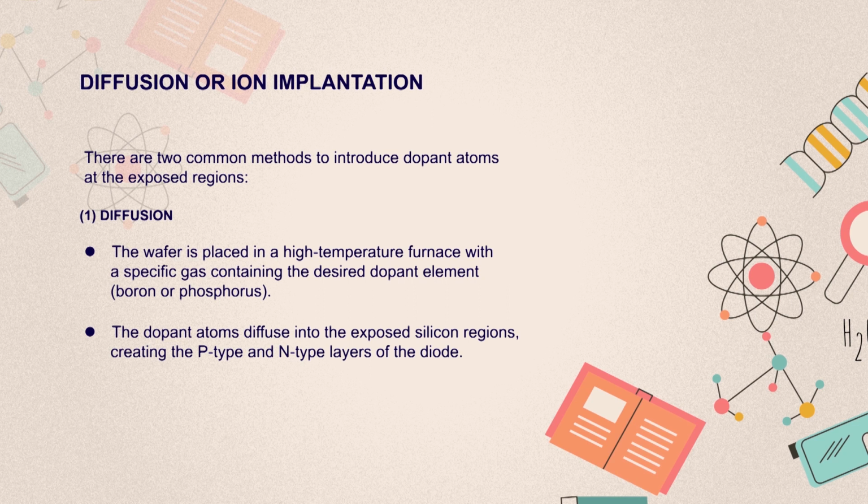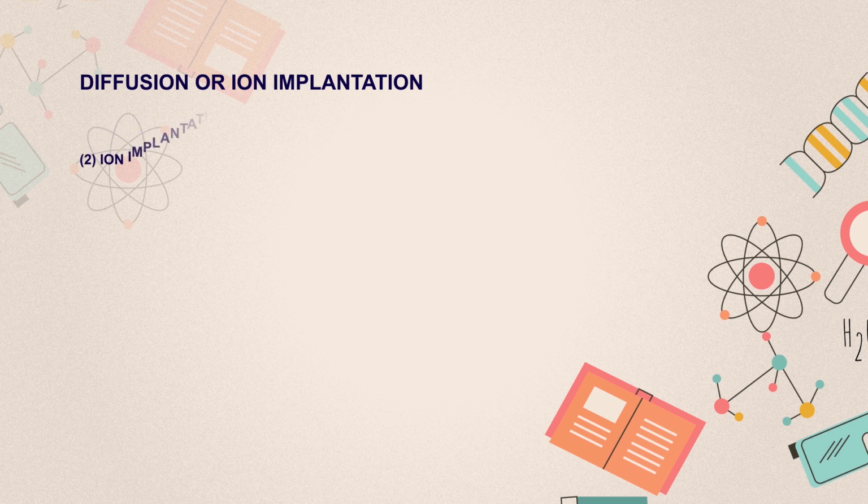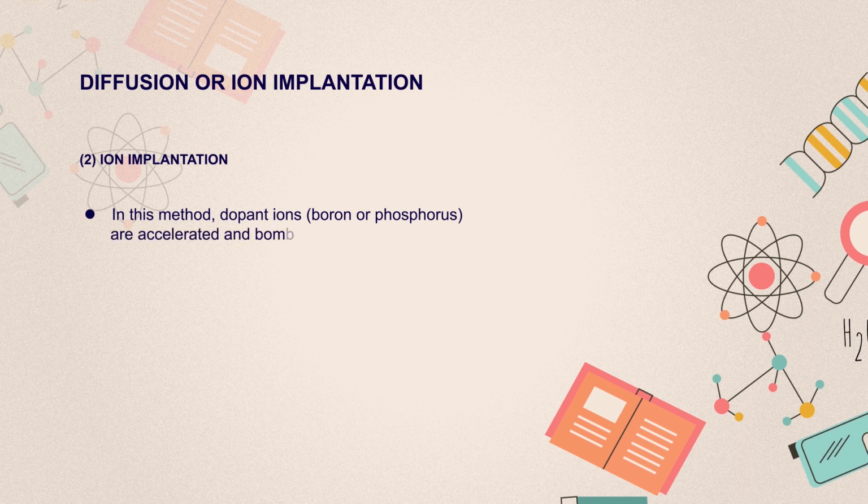The dopant atoms diffuse into the exposed silicon regions, creating the p-type and n-type layers of the diode. In the ion implantation method, dopant ions, that is boron or phosphorus, are accelerated and bombarded onto the exposed silicon surface.